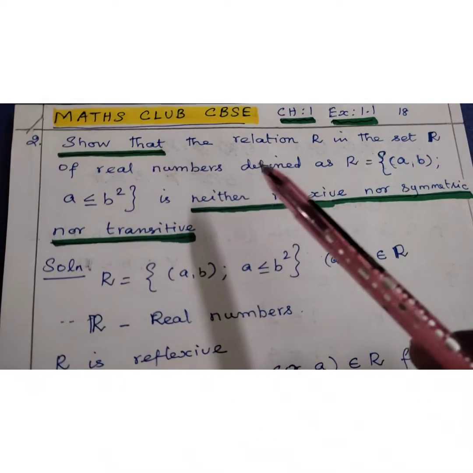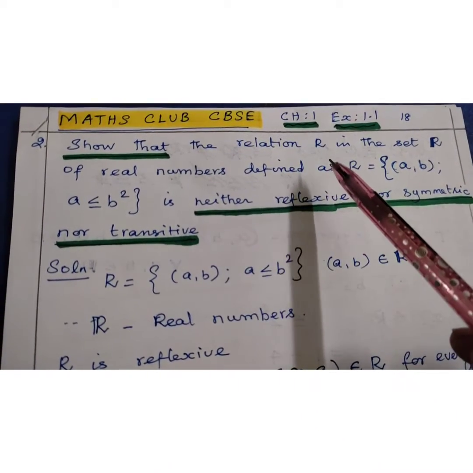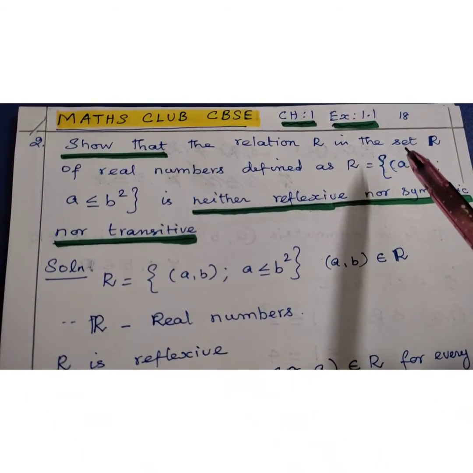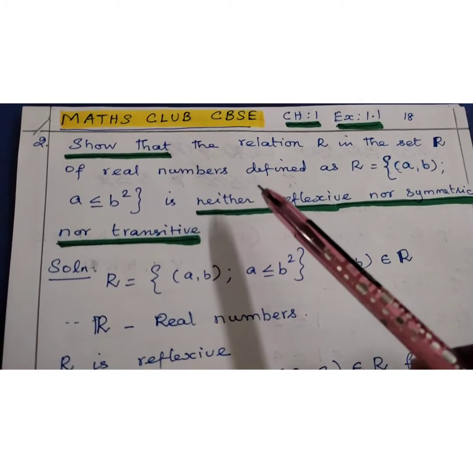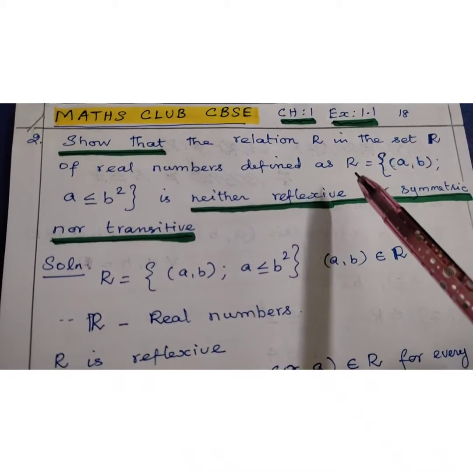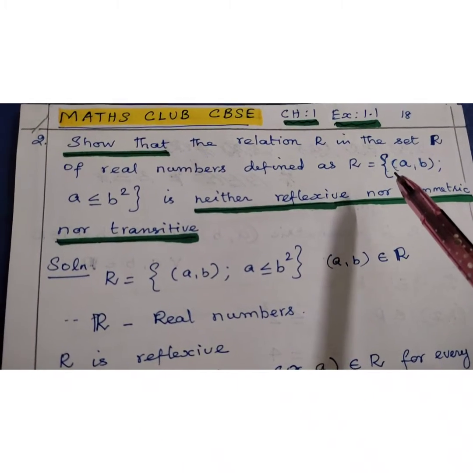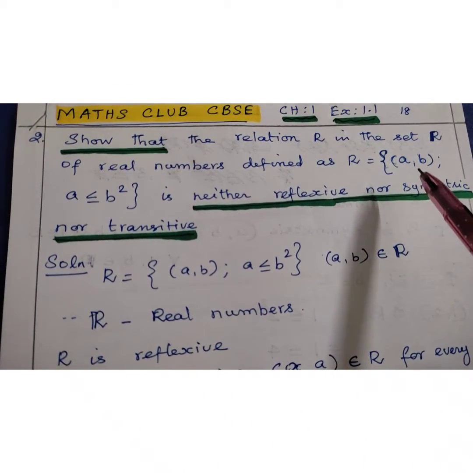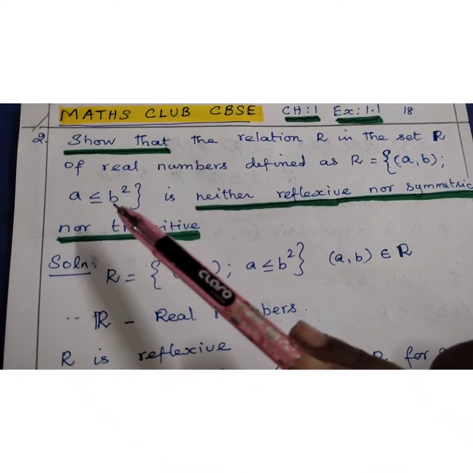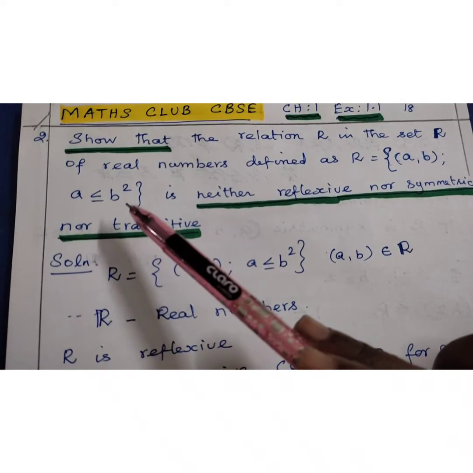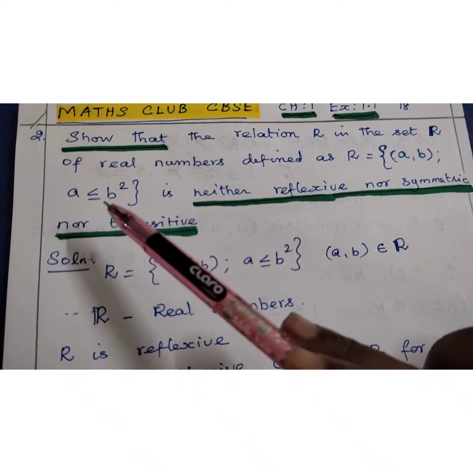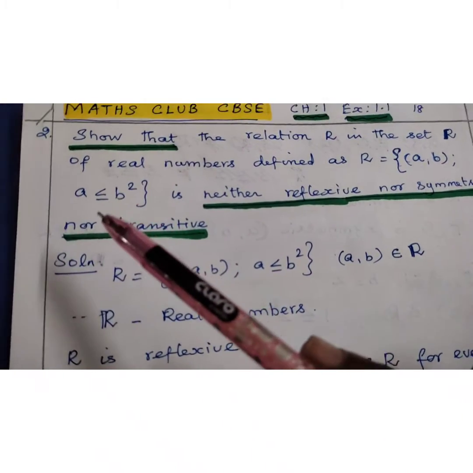Show that the relation R in the set R of real numbers defined as like this. The relation R equal to the set of all (a, b) such that a is less than or equal to b square. The condition is a less than or equal to b square.